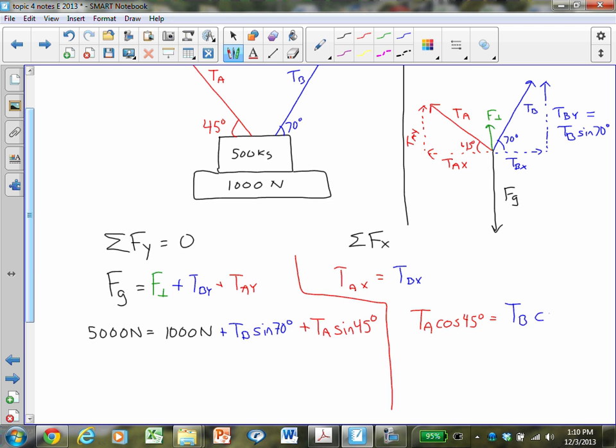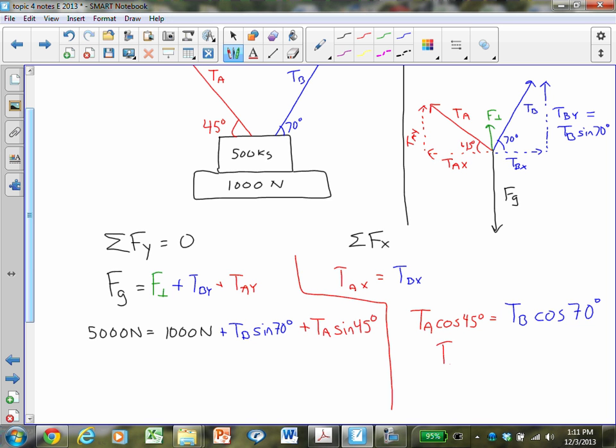How many equations do I have? How many unknowns do I have? Therefore, I can solve. Right. So we have 5,000 and 1,000, so let's solve this one because it's simpler for TA, okay?